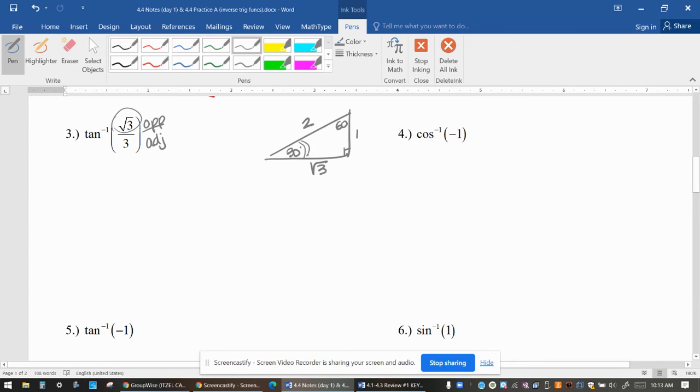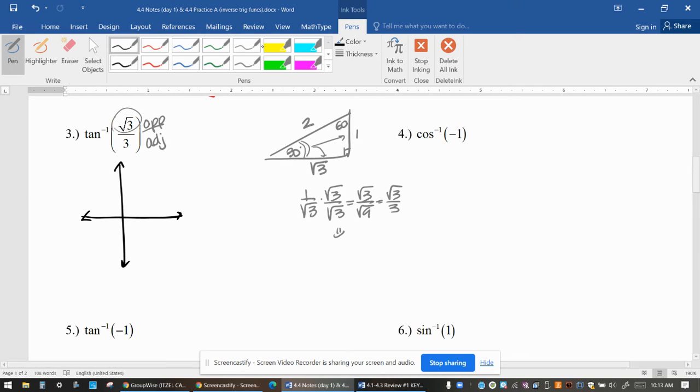So then I'm going to look at the 30. Opposite over adjacent would be 1 over root 3. And if I rationalize, I get what I want: root 3 over root 9, which is root 3 over 3. So that means we want to use a reference angle of 30 degrees. Now, inverse tangent is restricted to quadrants 1 and 4.